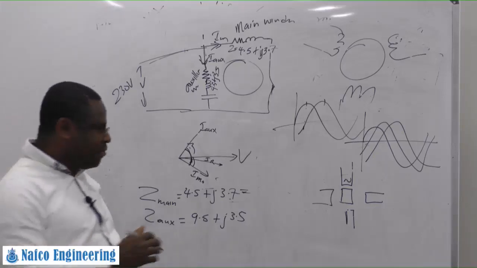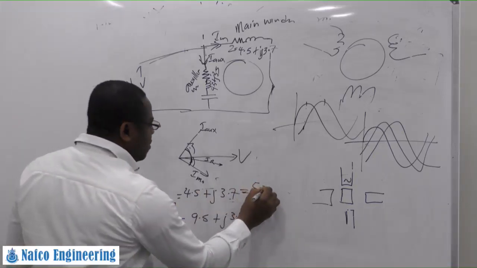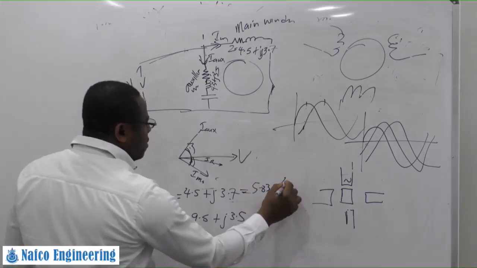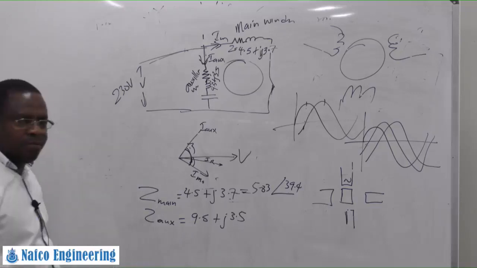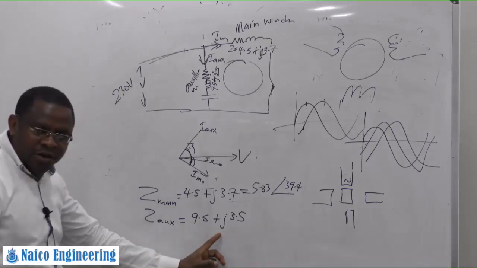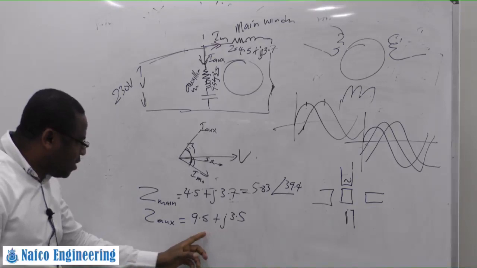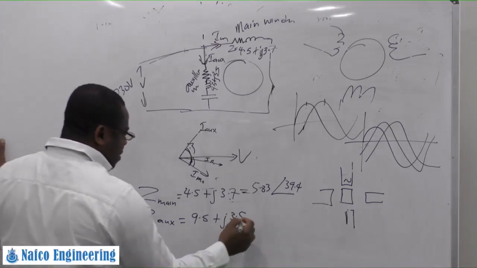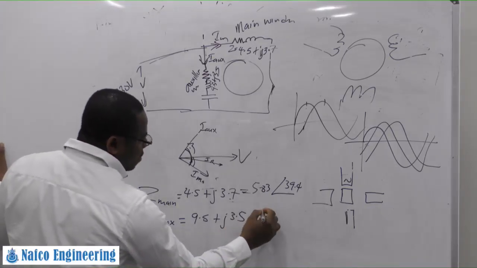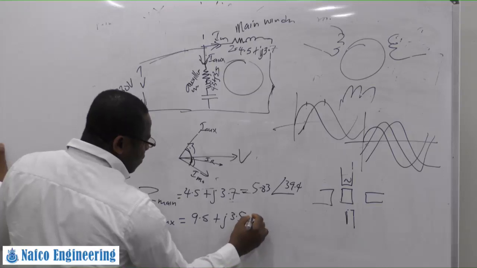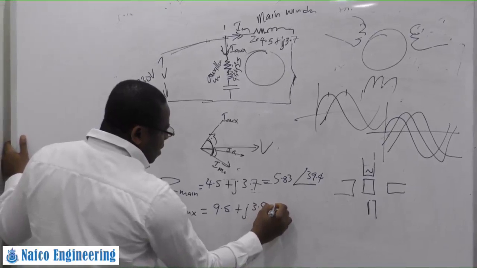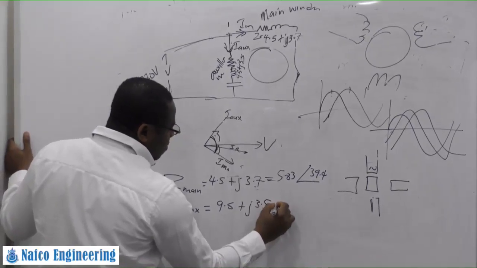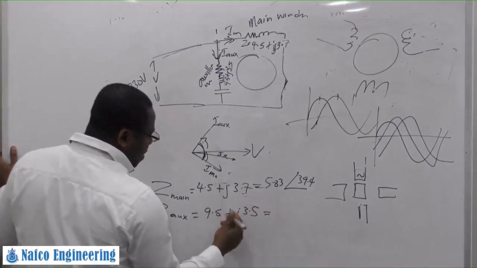Just put it in polar form: 5.83 at an angle of 59.4. Now this one will be another value with an angle, but let me put the angle first before I explain.